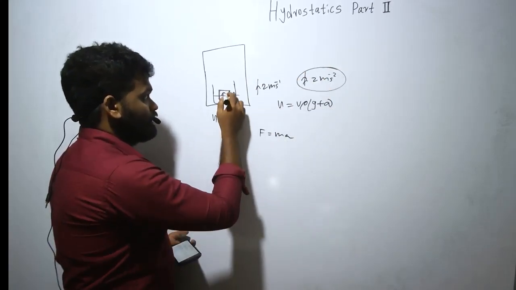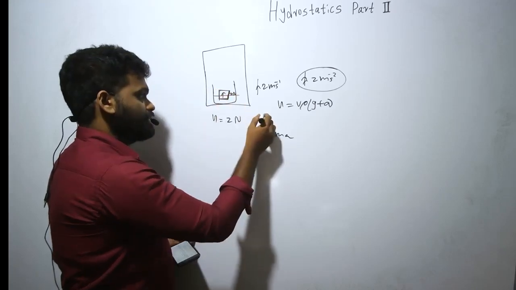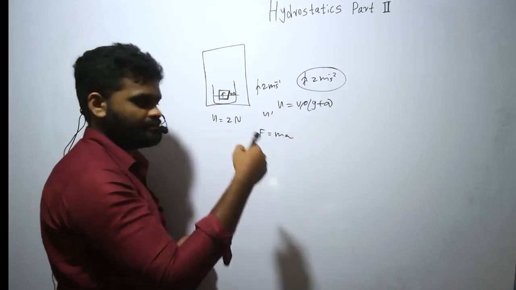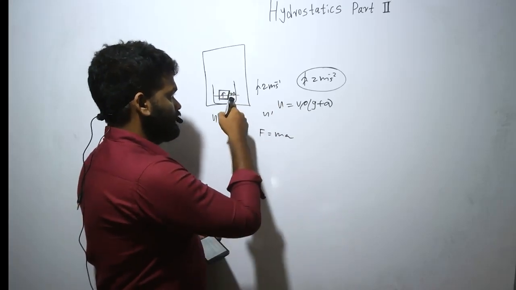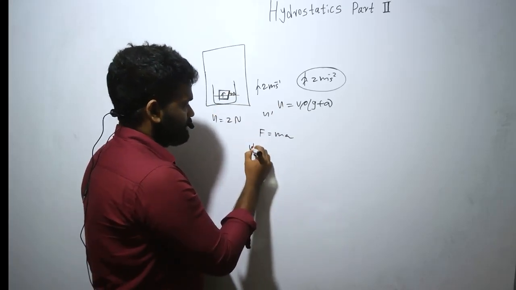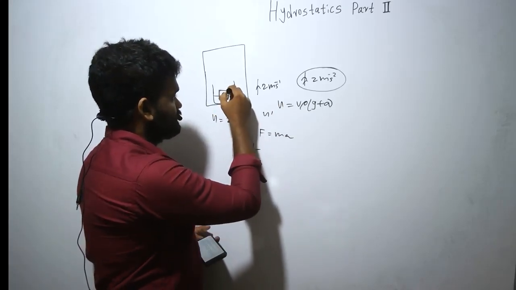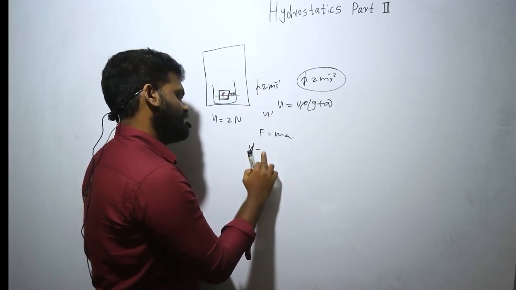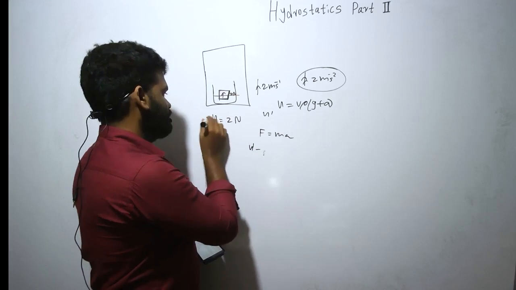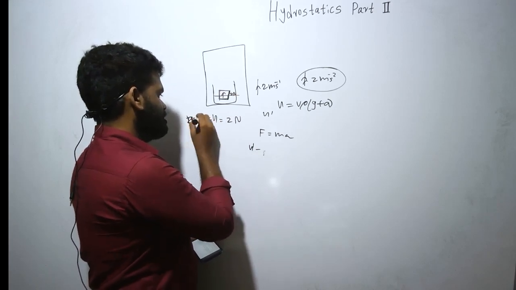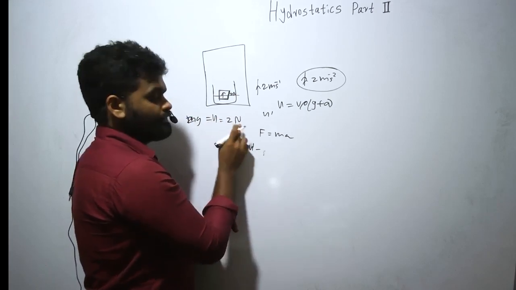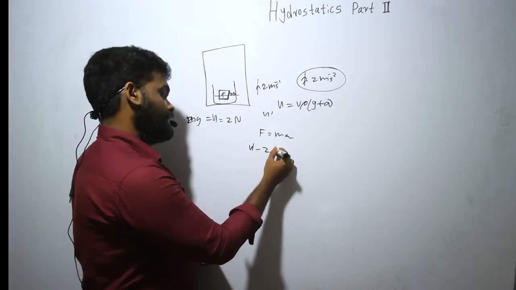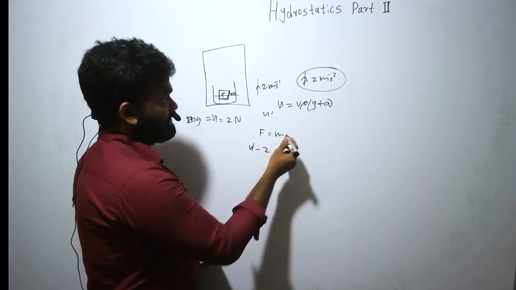Now the upthrust is U dash, right? U dash has increased, and the weight does not change. So U dash upwards minus weight. You know that the weight of the object is mg, that also is equal to 2 Newton. Weight of the object does not change. This is equal to ma.